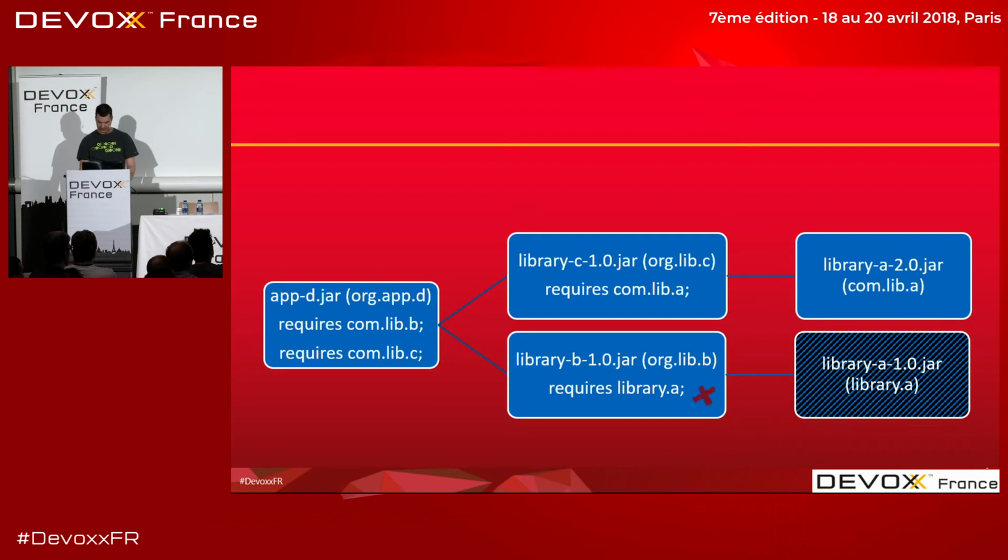And again, it won't compile. The reason is again, library.a doesn't exist, even though you might think that the first one has the name of the jar. But the specification says that every jar can have exactly one module name. So this is the kind of issue we expect to happen.